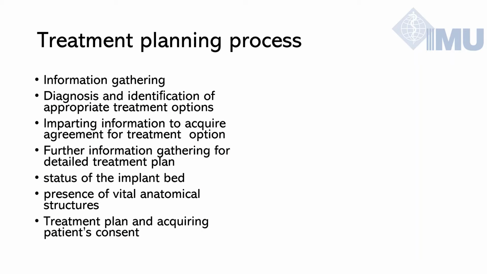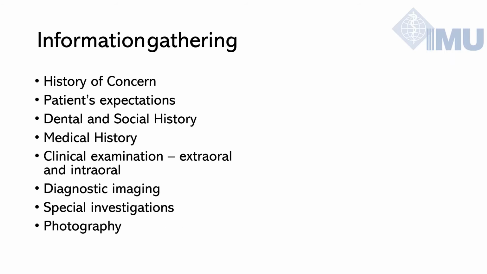Treatment planning procedures: information gathering, diagnosis and identification of appropriate treatment options, imparting the information, further information gathering with a detailed treatment plan, status of the implant site, presence of vital anatomical structures, and treatment planning with acquiring the patient's consent. So all these aspects are also important.